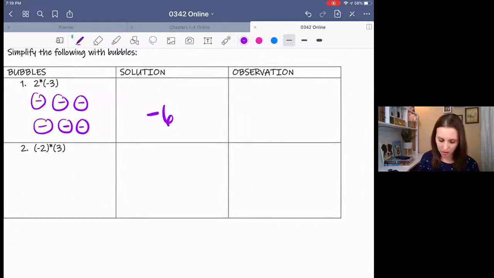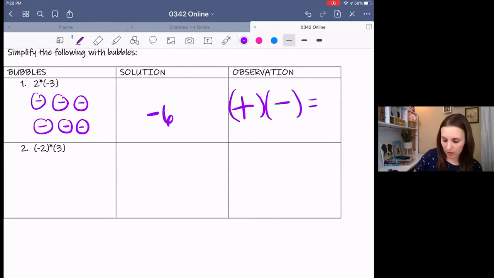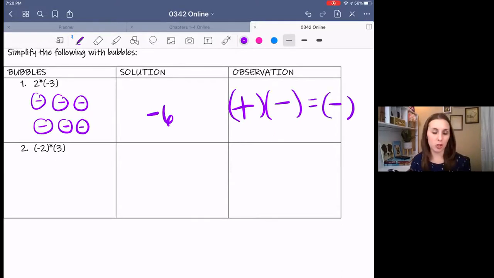So I'll just kind of simplify the observation. You can word this in something that makes sense to you as you look back at your notes. I'm just going to say positive times negative gave us a negative answer. I'm going to be paying attention to the signs.